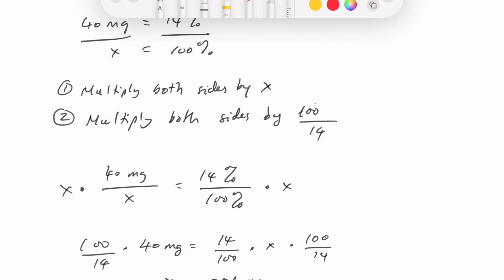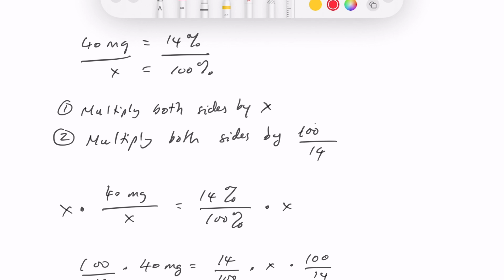This is a quick calculation showing you how to find the total value if you know the percentage of the value. In this question, we were told the cholesterol in the box of food is 40 milligrams, and that's 14% of the daily value. And we want to know how much cholesterol we can take, which means we want to know the 100% value of cholesterol.